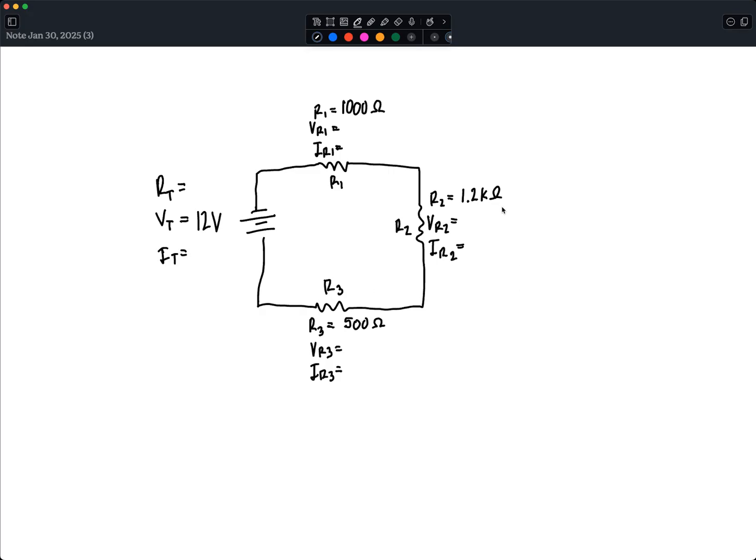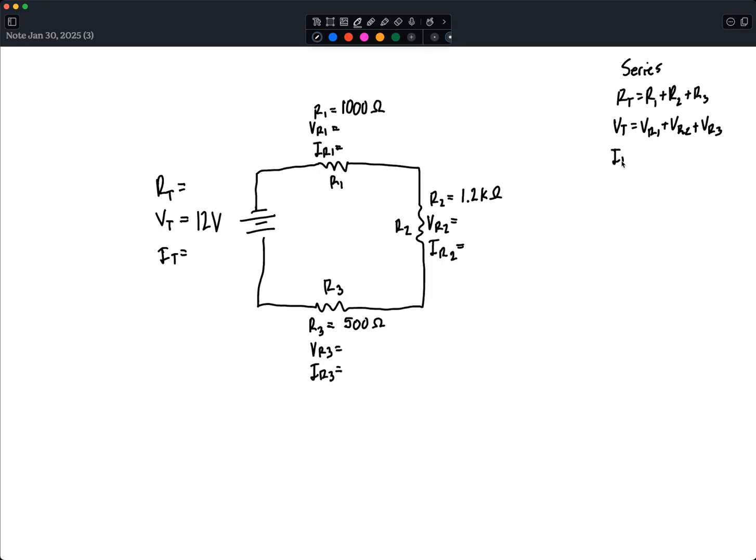If you think back to our parallel circuit, series circuit table, we said in a series circuit, resistance total equals R1 plus R2 plus R3. VT equals VR1 plus VR2 plus VR3.